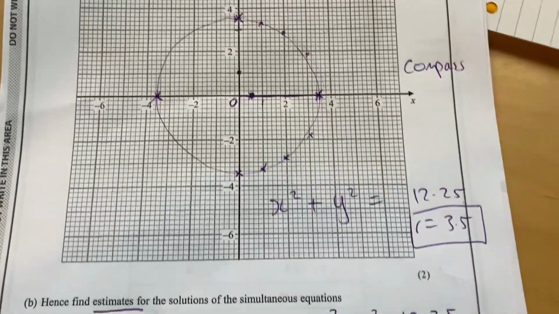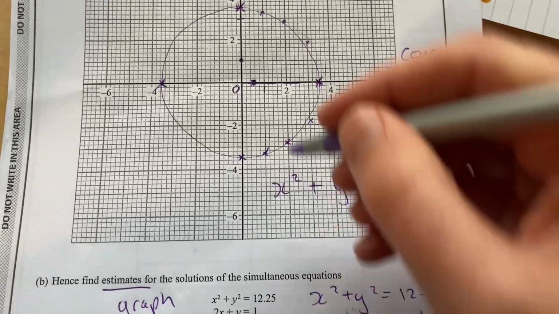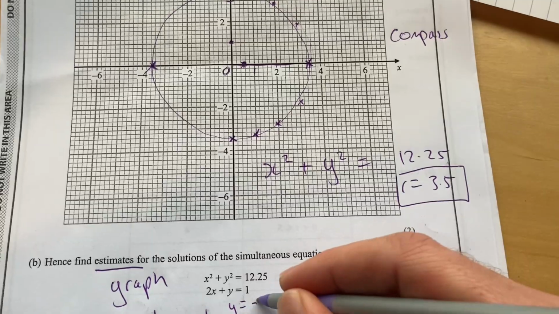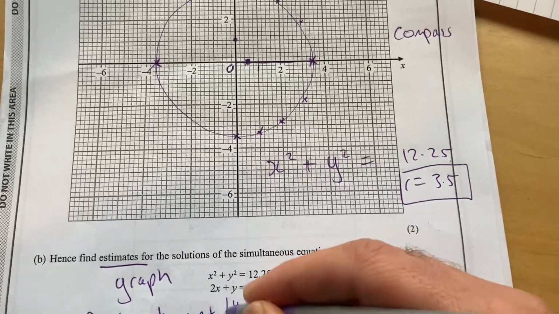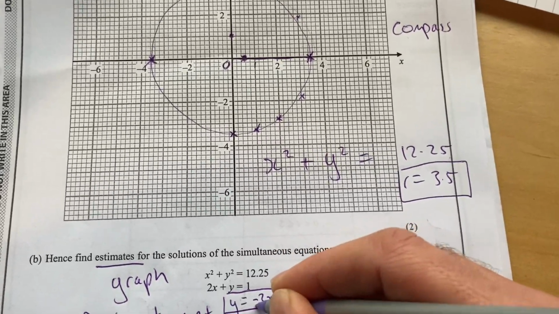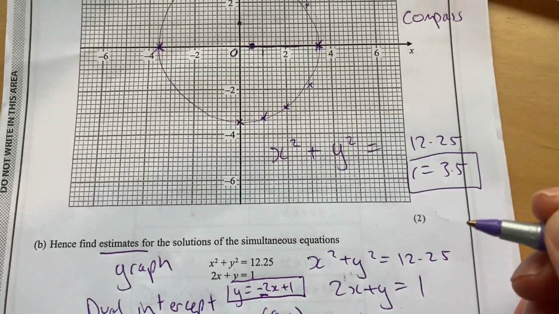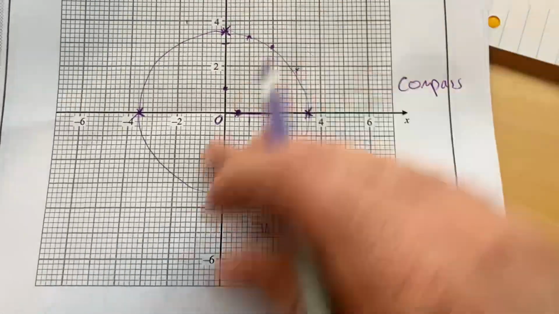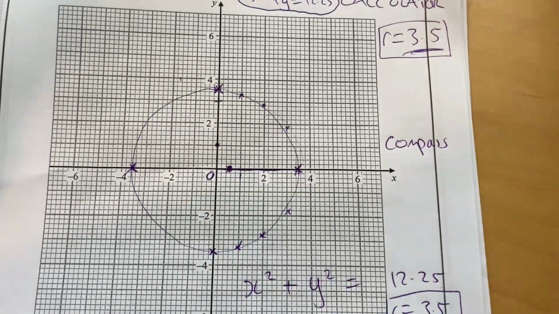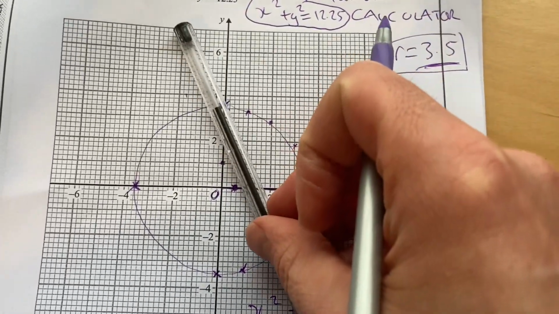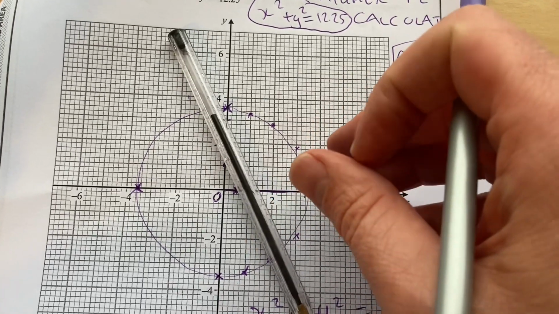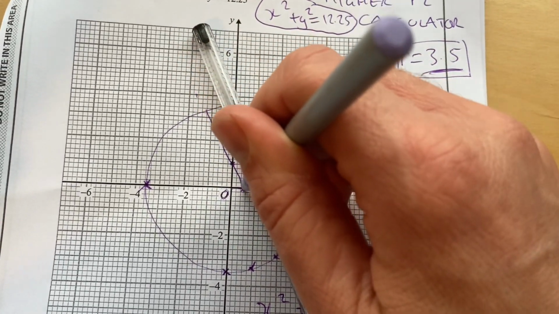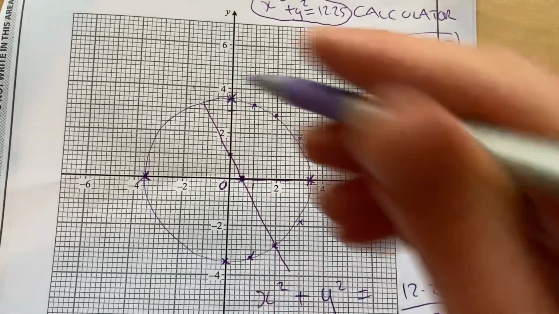Now check that I've got the right slope here. I'm thinking it's a downward slope. If I turn this into y equals mx plus c form, I would get a -2 coefficient. So it would be a downward slope, and my gradient would look like that. Again, you should use a ruler here, but as I'm doing everything one-handed, slightly trickier, I would draw my straight line to go through those 2 points, roughly like that.